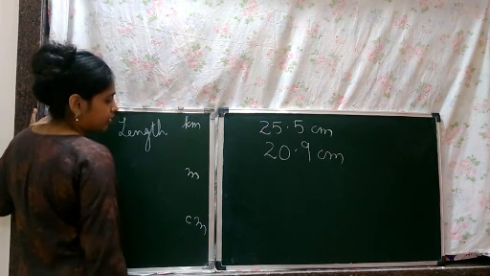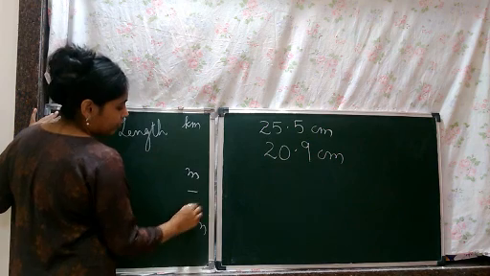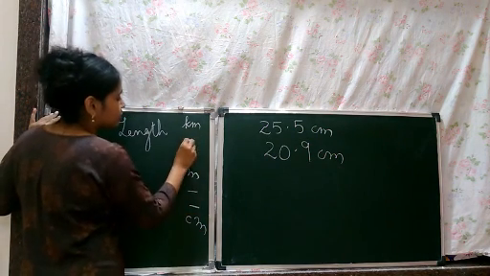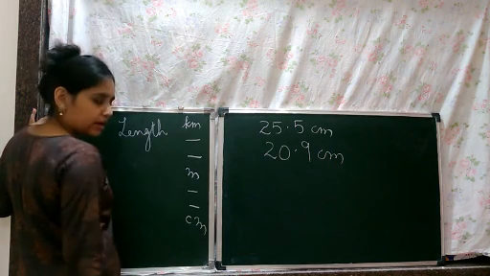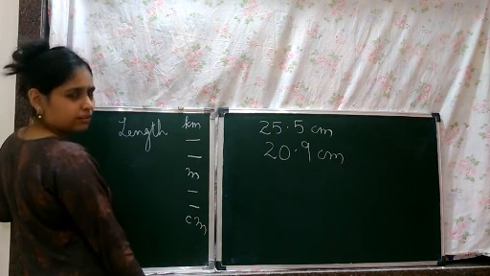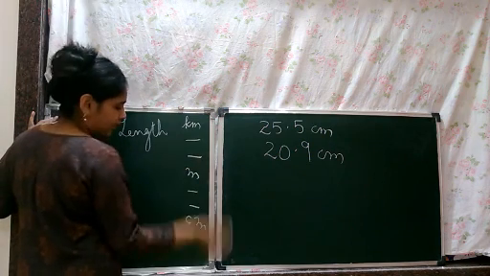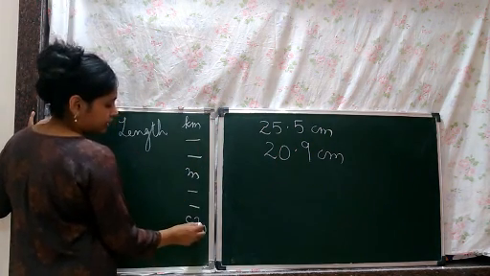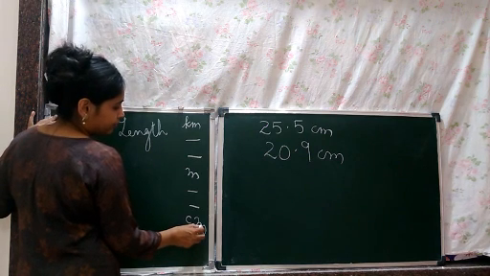Correct? Yes? Now there are two places between meter and centimeter, and two places between kilometer and meter. You can say they all are brothers. We have done this theory before also. Once again, I am just giving a small recapitulation of it. So this is centimeter.